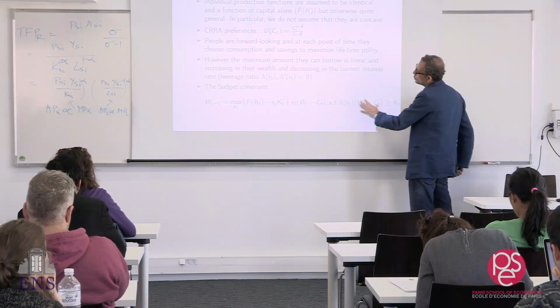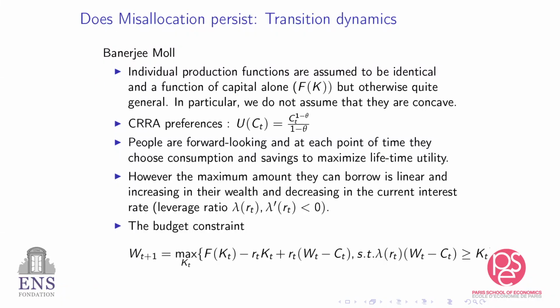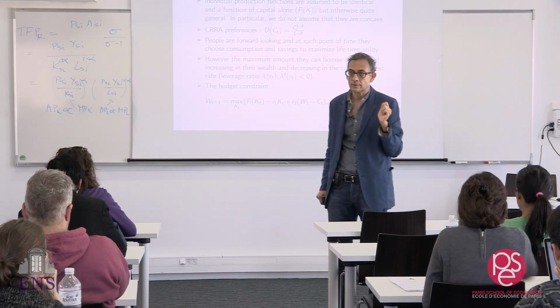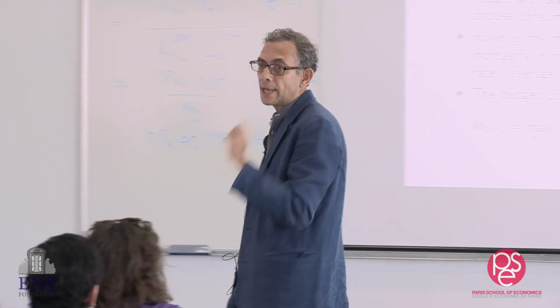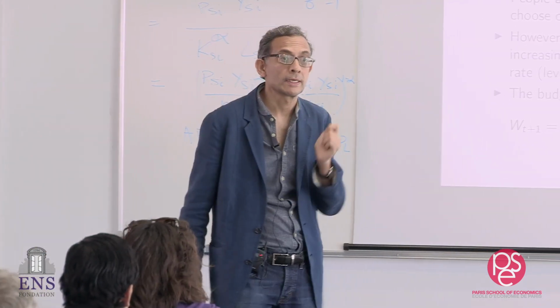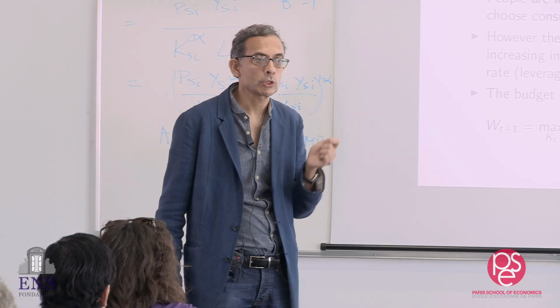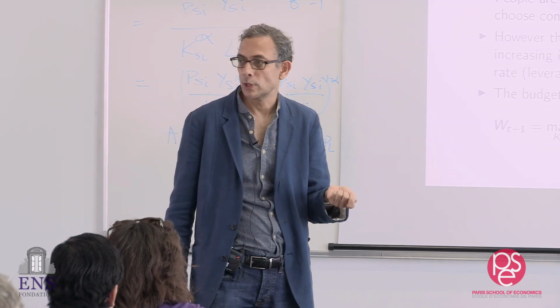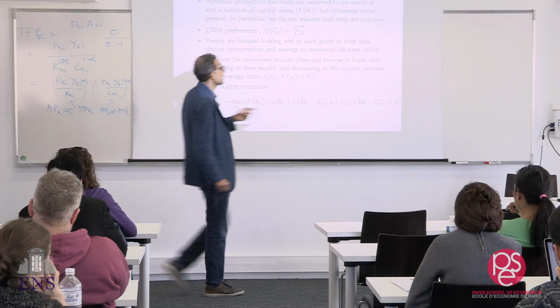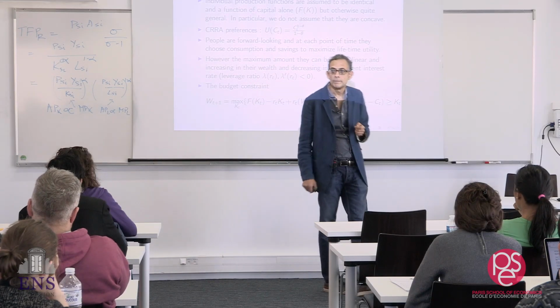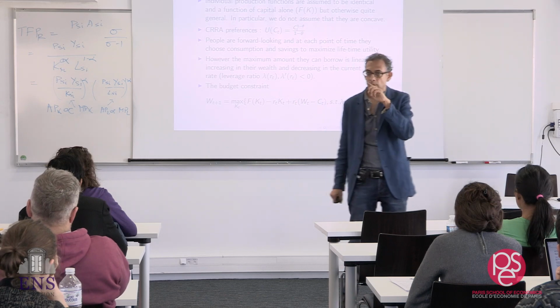Some of this I own, so lambda minus 1. Lambda minus $1 is what I can borrow, the way it's done, okay? So if I have $1 of wealth, I can borrow an additional lambda minus $1. So if lambda is 2, I can double my $1. And that ratio is declining as R goes up. Okay?